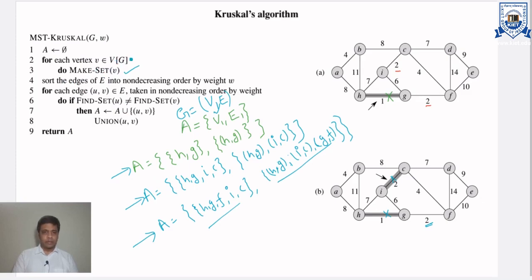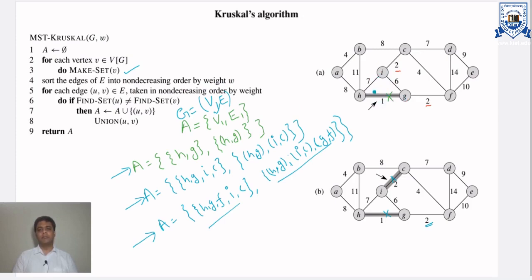So some processing is done with each and every vertex of the given graph, and then sort the edges of E into non-decreasing order by weight W. Since we are picking the minimum weight edge one by one, this algorithm suggests sorting all the edges on the basis of their weights.